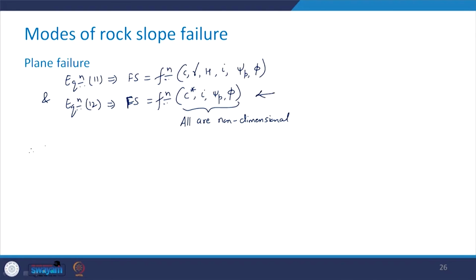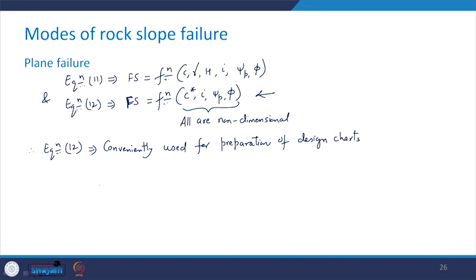So, therefore, equation number 12 can be conveniently used for preparation of the design charts for the design of simple rock slopes against the plane failure.